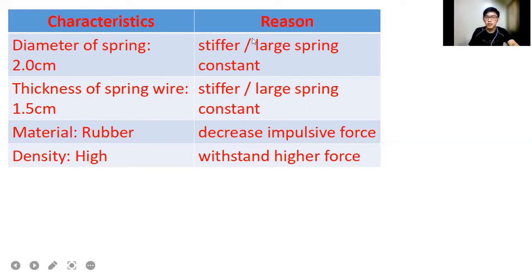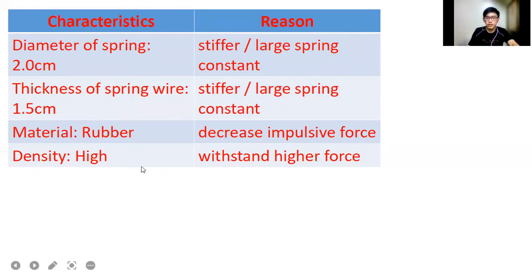And the reason is because we want it to be stiffer, or to have a large spring constant according to Hooke's law. The material must be rubber so it can decrease the impulsive force, and the density must be high to withstand the highest force.